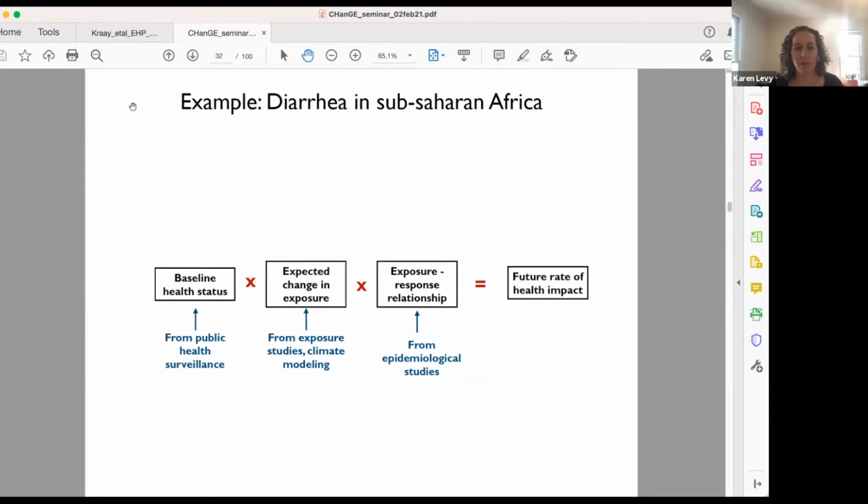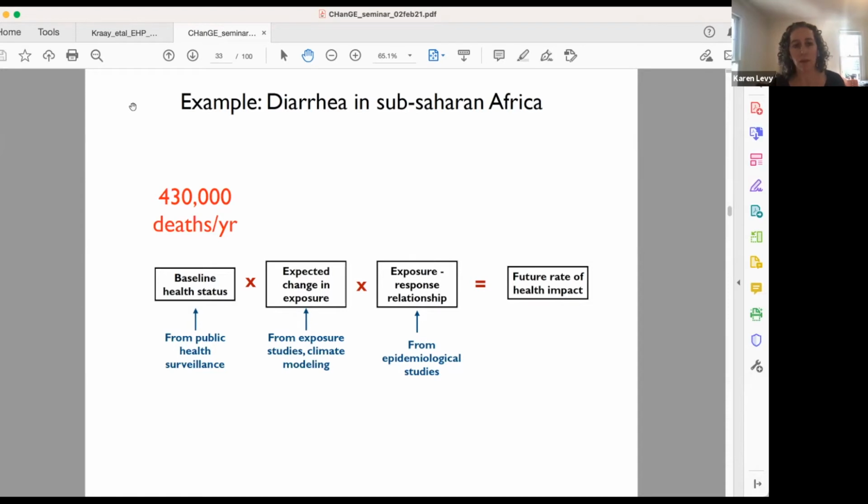Okay. So here we have an example of taking this equation, thinking about how this plays out. This was just an example from data that was not totally up to date, but in sub-Saharan Africa, you have a high burden of diarrheal diseases.